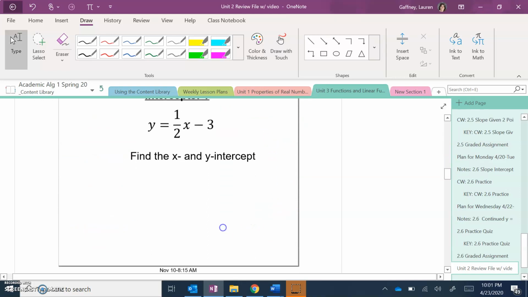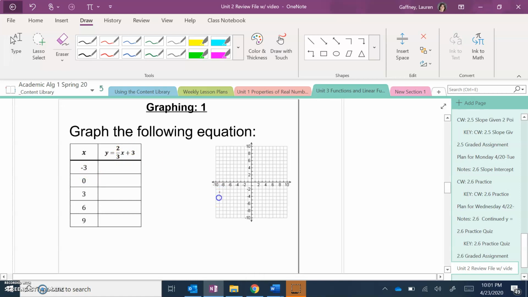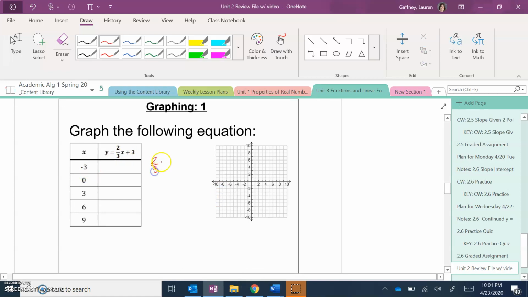Okay, from here, I'm actually going to skip that guy and come back to it in a second. From here, we went into graphing equations using a table. So here I have a table with some selected values. So these are the x values, and you're just putting those in for the x over here. So 2/3 times negative 3 plus 3.